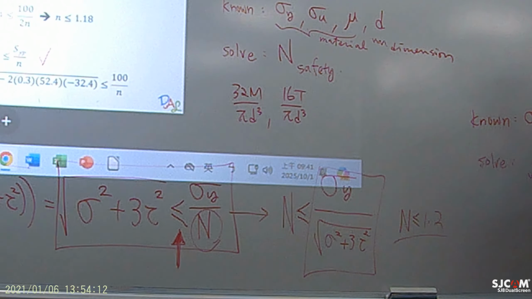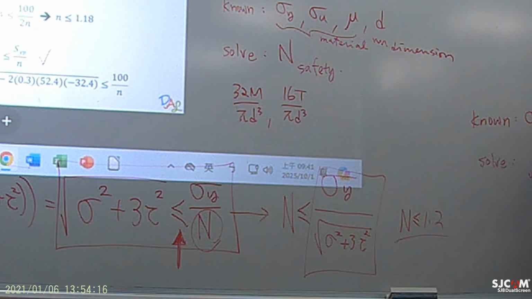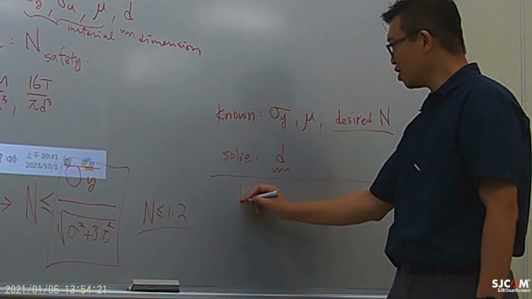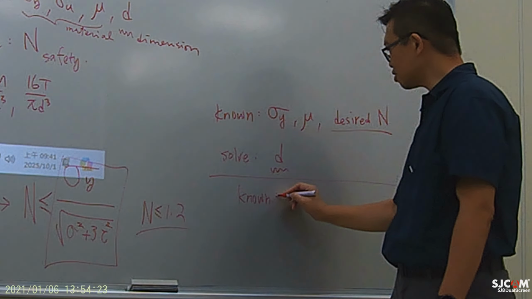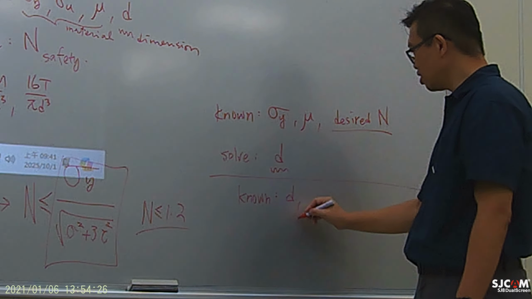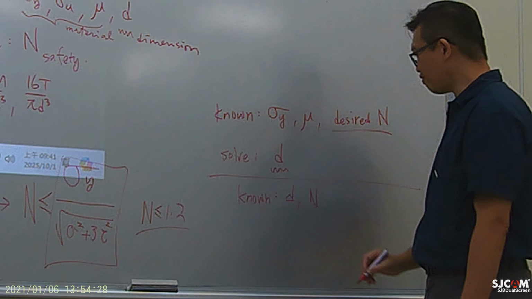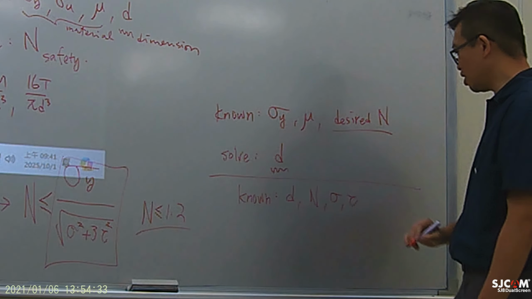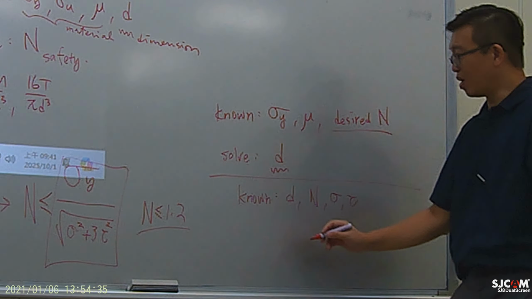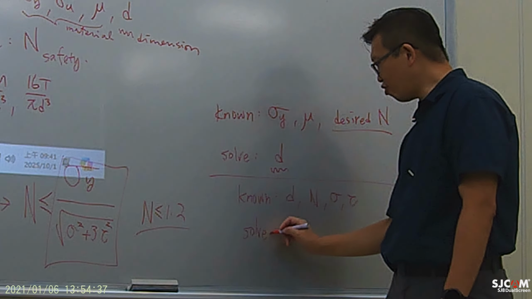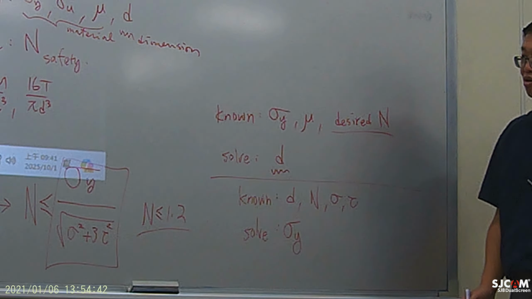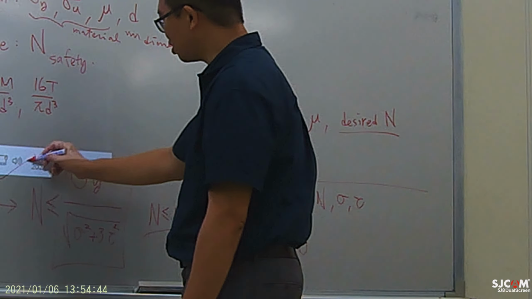And on the other hand, if you are solving for something else, like what's the best material I should use? Maybe a different problem is like this: known geometry, known safety level, and all the stresses, but solve for what? Solve for material property. So how is the equation going to look?